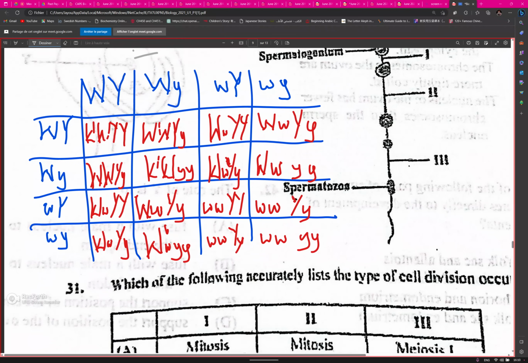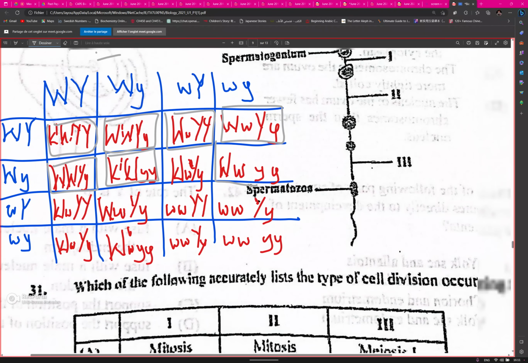So everywhere we see capital W, there's no color, right? Is that true? I think according to the question, yes. Okay. So we have 1, 2, 3, 4, 5, 6, 7, 8, 9, 10, 11, 12. 12 whites.